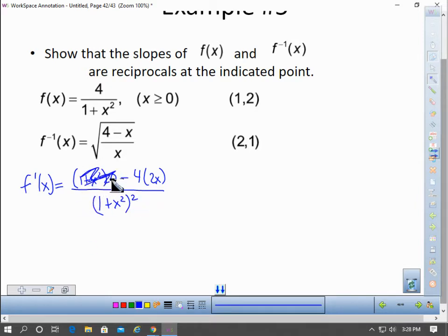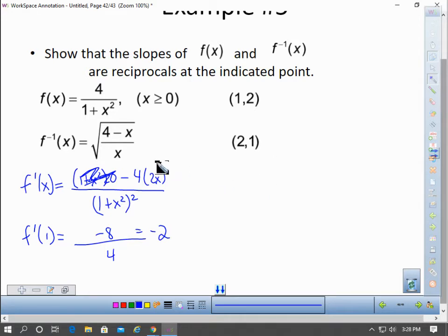So this is all 0 right here, and get rid of it. So now let's plug in 1. So that's the point we're going to do. So f prime of 1. So if I put a 1 in here, that's going to give me -8. I put a 1 in here, that's going to be 2 squared. That'll be 4. So that answer is -2. So the slope of the tangent line at 1 for the function is -2.